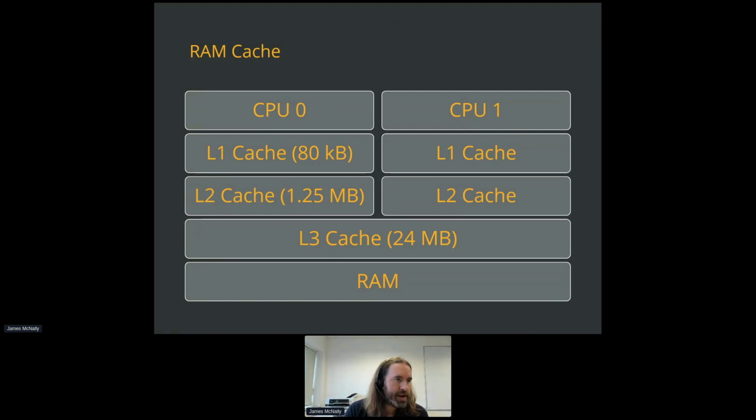So what we see now, per core on an Intel computer, is a level 1 cache, which is very small, very fast. On my system it is about 80 kilobytes per core. And that's actually split between caching instructions in from memory, and caching data in from memory.